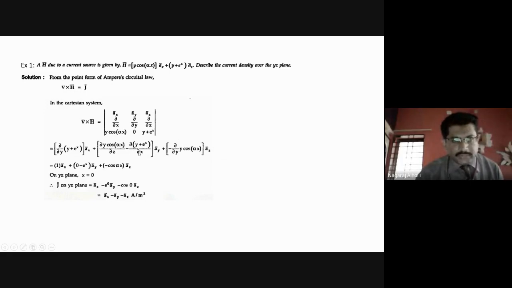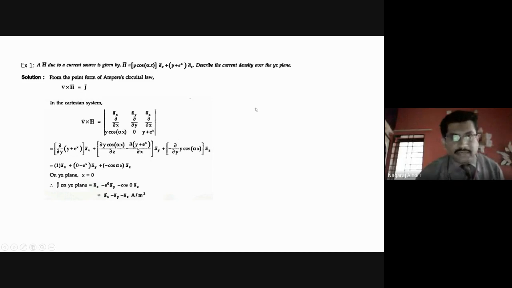Then minus dou by dou x of y is also 0, plus minus dou by dou x of e raised to x is minus e raised to x, correct? Into ay bar. Plus minus dou by dou y of y cos alpha x. Cos alpha x is constant, take it outside. Dou by dou y of y is 1. So you get minus cos alpha x into az bar.